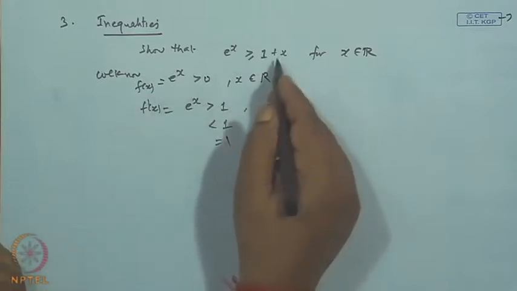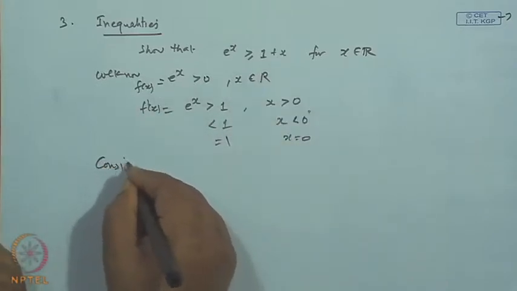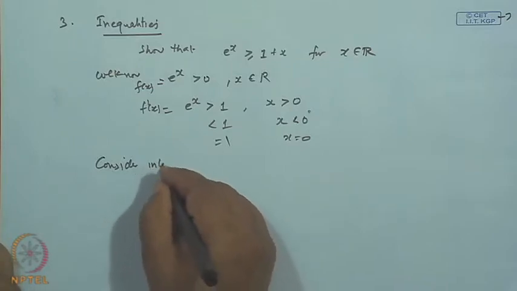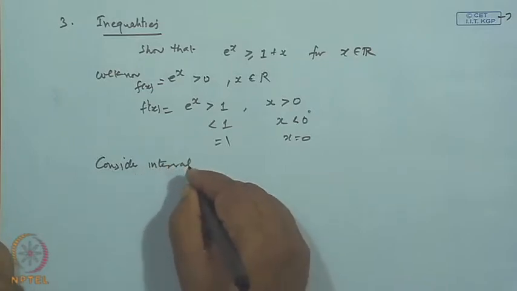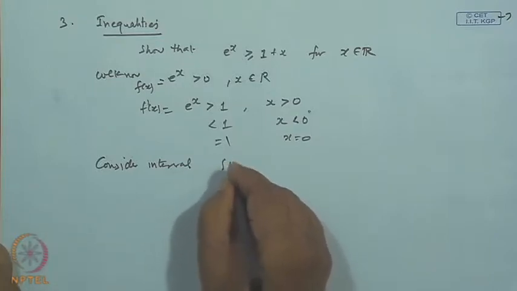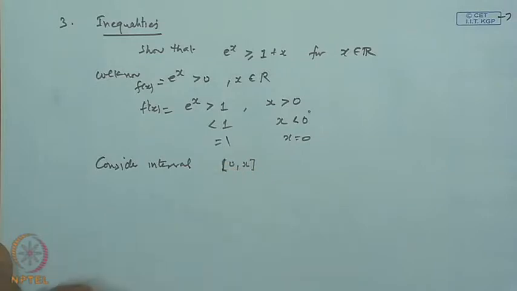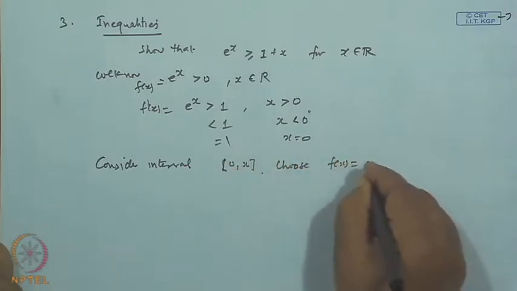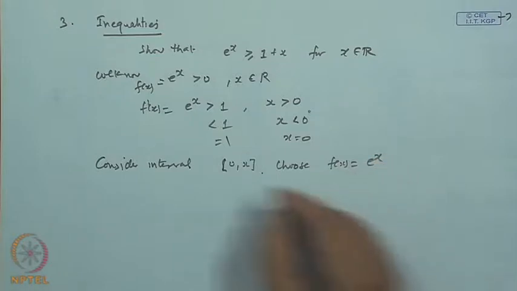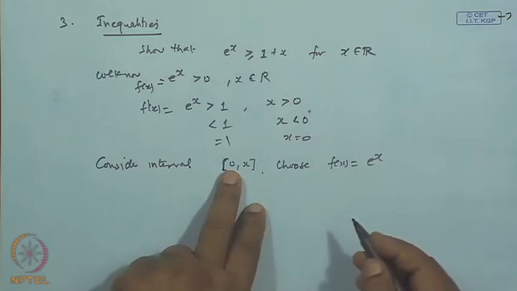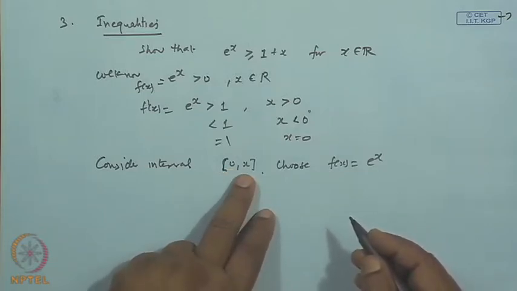Now, to establish this result, consider the interval, say we take the closed interval 0 and x, and choose f(x) as e to the power x. Now, this function is continuous and differentiable inside the interval 0 to x.